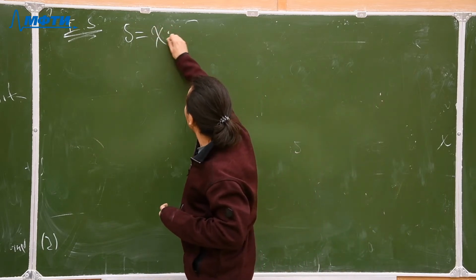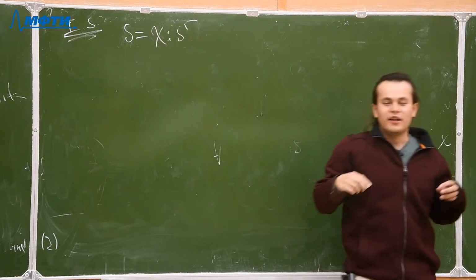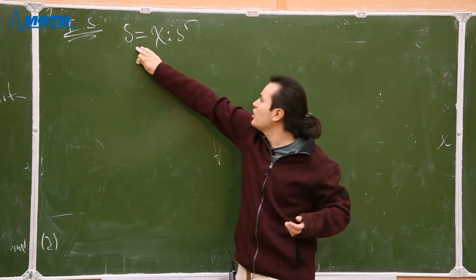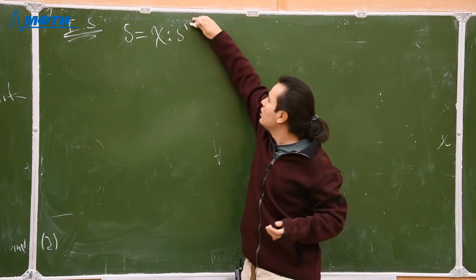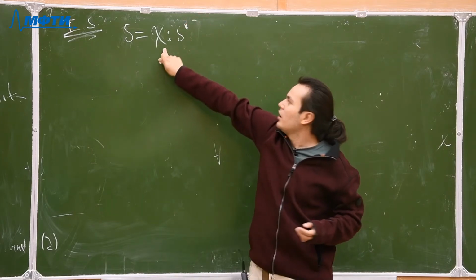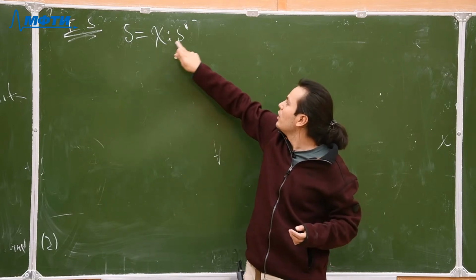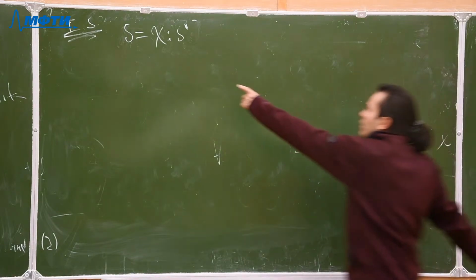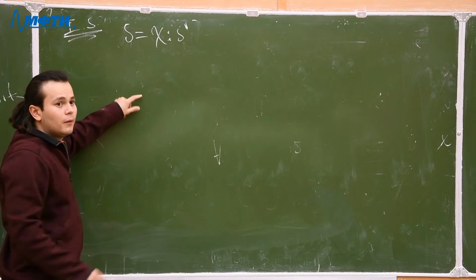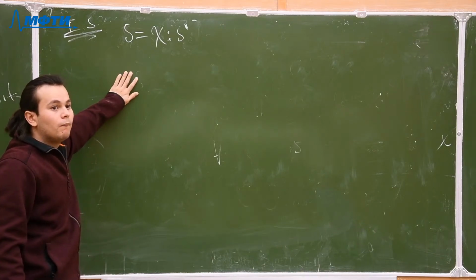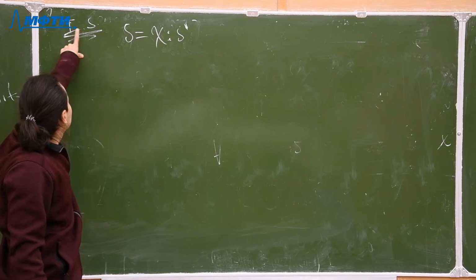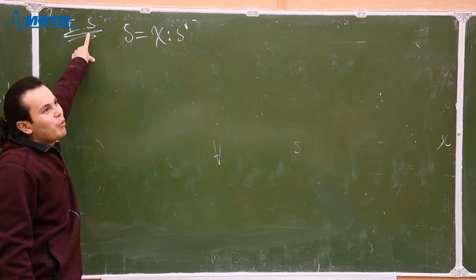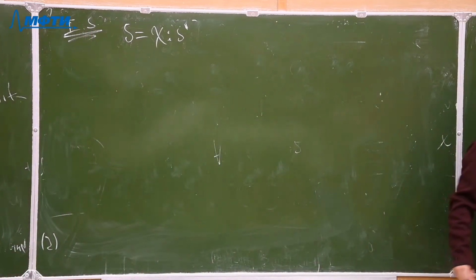So if some string is not empty, then we can write this string as some s prime and x, x column s prime. And now we have to prove this for this one, right? Induction step, or how do we write that? Well, this is the induction hypothesis.